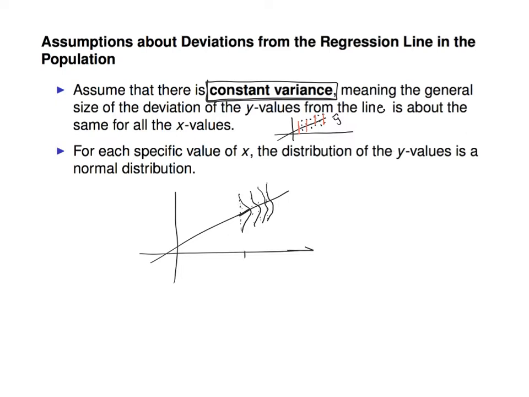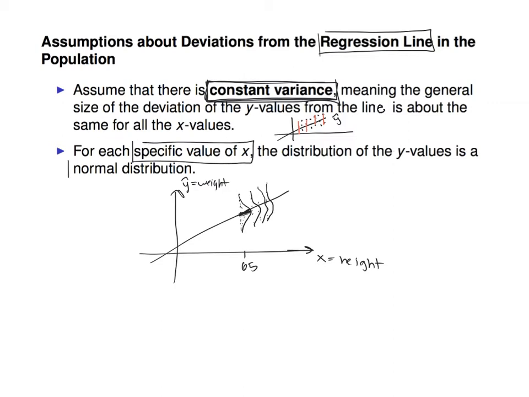So think about this in terms of, say, this x is equal to height, and y hat is equal to weight. And you're predicting weight based on height. Suppose your given height is 65 inches. Lots of people are going to be this average weight, and there'll be some variation around that average weight. So those are two assumptions for looking at regression lines. Constant variance, and for every specific x, the distribution is normal.